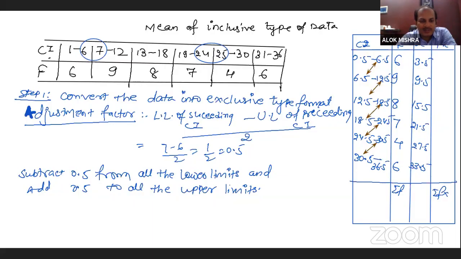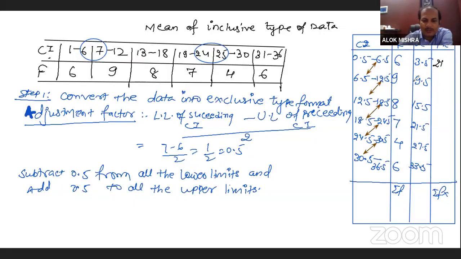Chandan, can I have the values of Fx if you have calculated? Okay, so the first value is 21.